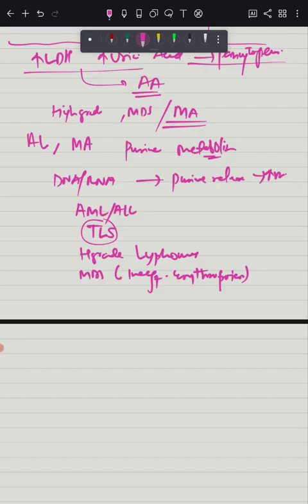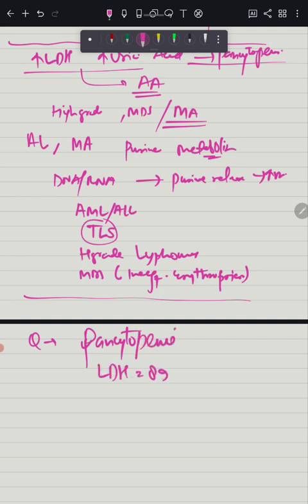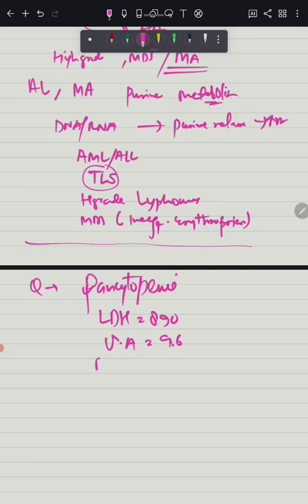So for example, a patient presents with pancytopenia. Labs show LDH of 890, uric acid 9.6, and macrocytosis.